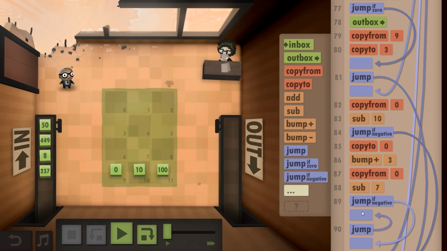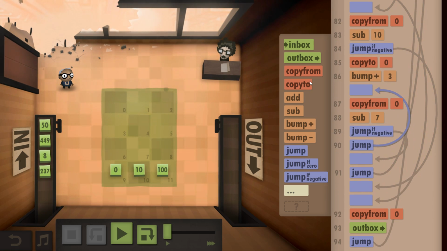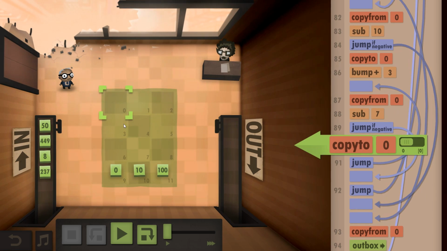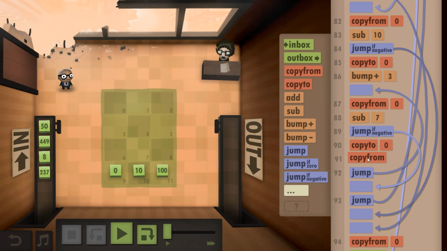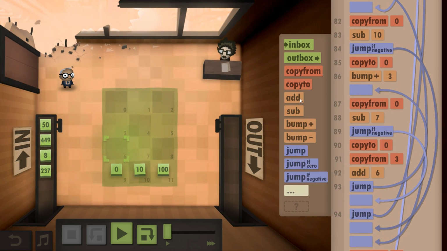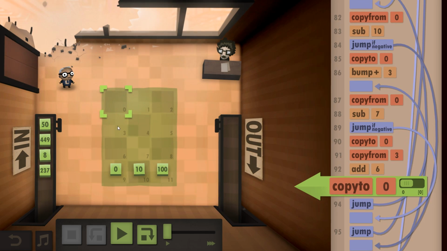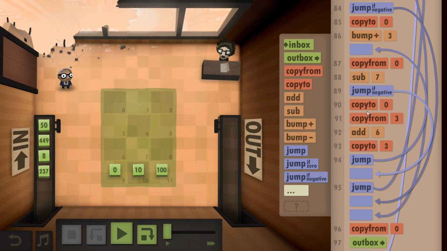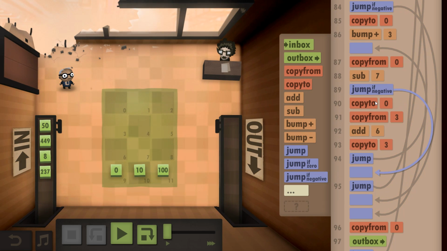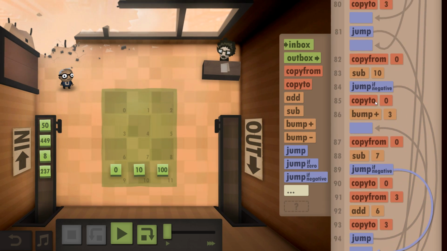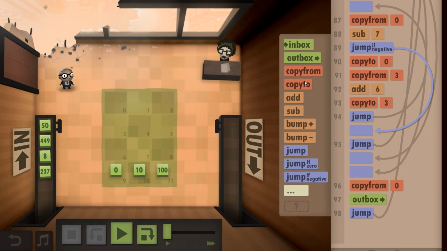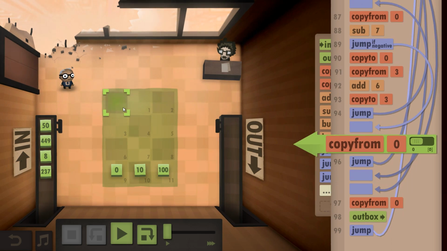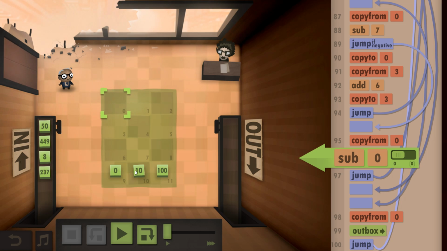I do it like this. Save it if it's not negative. Copy from the counter, add 3 and save it. If it's negative, jump out and do the other thing, copy from, sub 10.